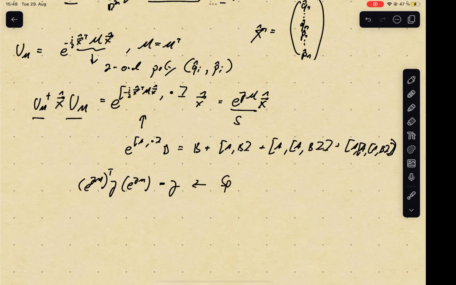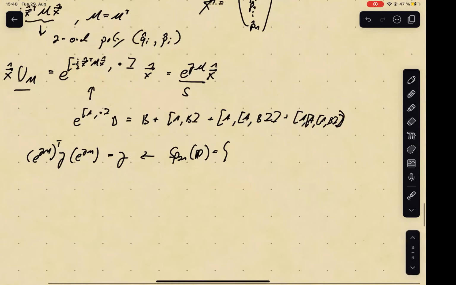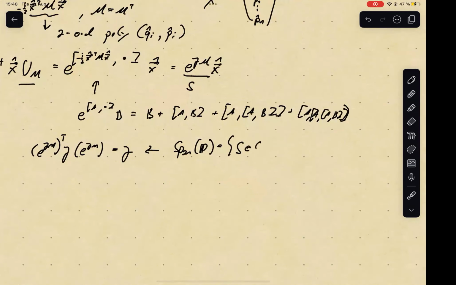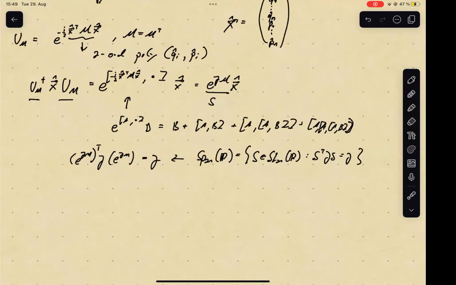So Sp(2n, R) is defined as the set of all operators S in SL(2n, R) or GL, it doesn't matter, it's the same, such that S transpose J S equals J. The symplectic matrix group over the reals is given by all square matrices of dimension 2n over the reals that fix J under this adjoint action. That's all it is.